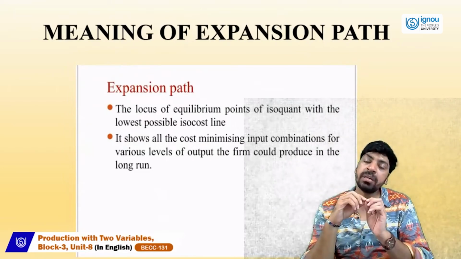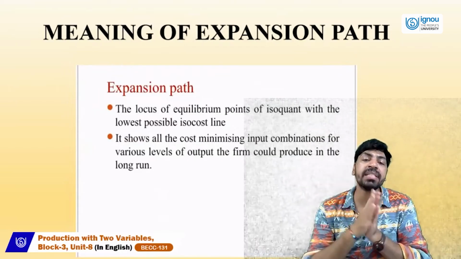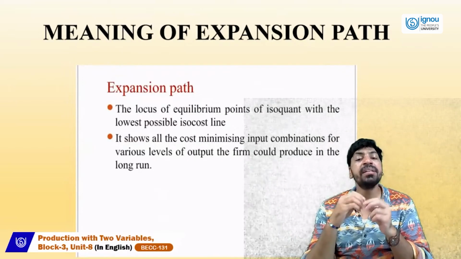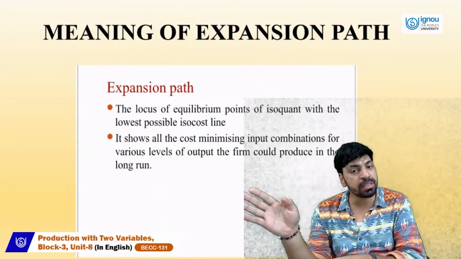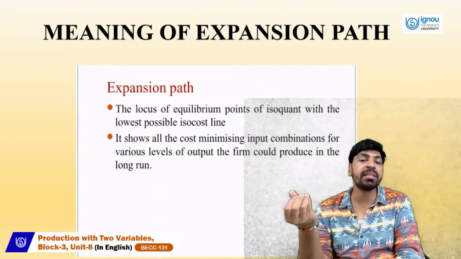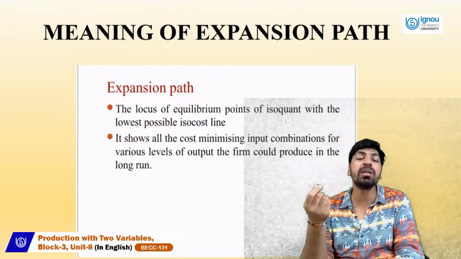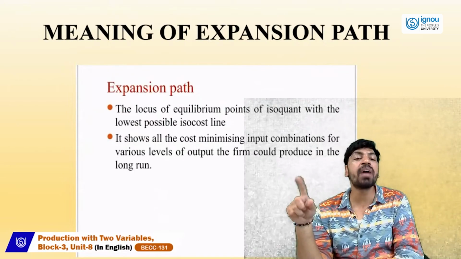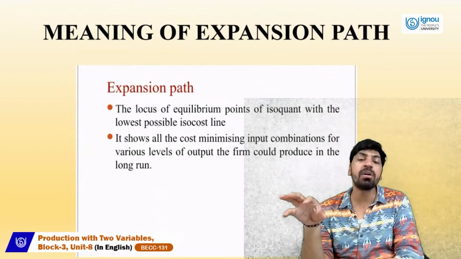That path cuts the intersection points of the isocost line and the isoquant curve, and that line is called the expansion path, the locus of points of all the equilibrium points of isoquants which shows the possible lowest isocost line.